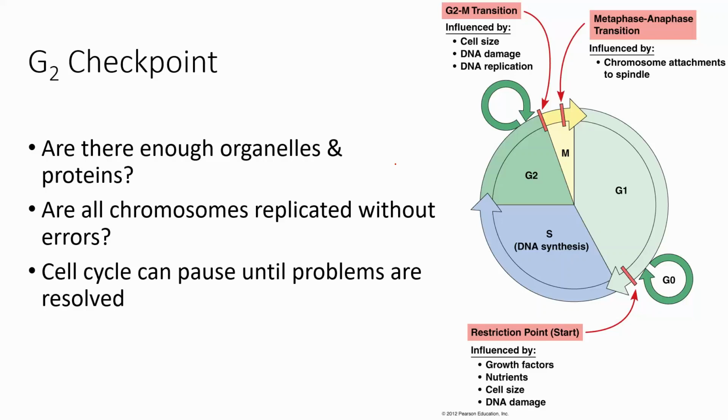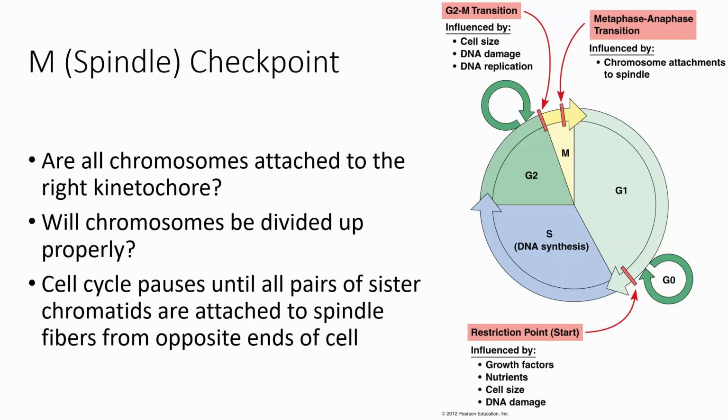If the problems aren't fixable, then it'll basically trigger apoptosis. If the problems are fixable, the cell will resolve that, recheck, and then once it passes this checkpoint, it moves into the M checkpoint.